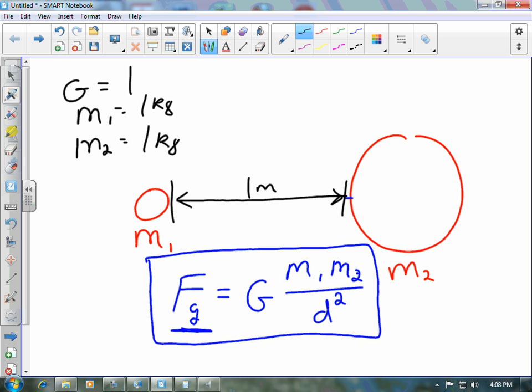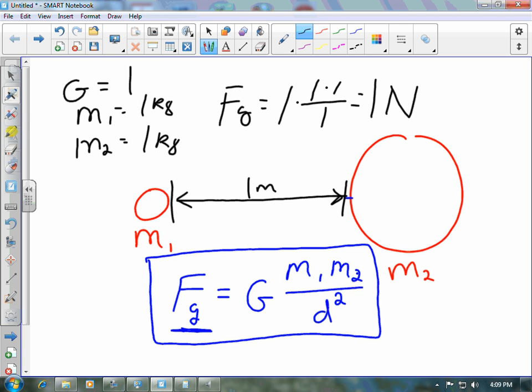So the force due to gravity is going to equal 1 times 1 divided by 1. Andre, what's the force due to gravity? It's 1. Right. Excellent. And what are the units of force? Right, 1 Newton of gravity. Okay, good.